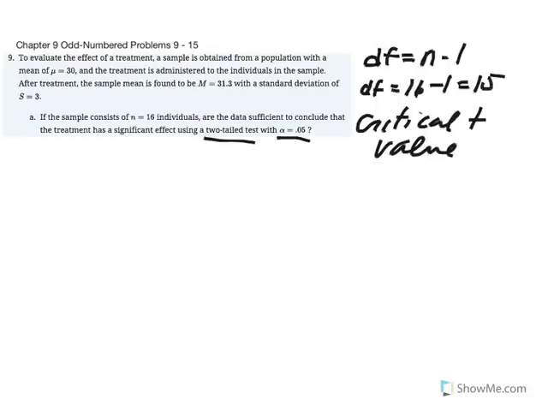Okay, so we've determined that our critical t is equal to positive negative 2.131. In other words, we need a t-statistic that's going to be greater than 2.131.